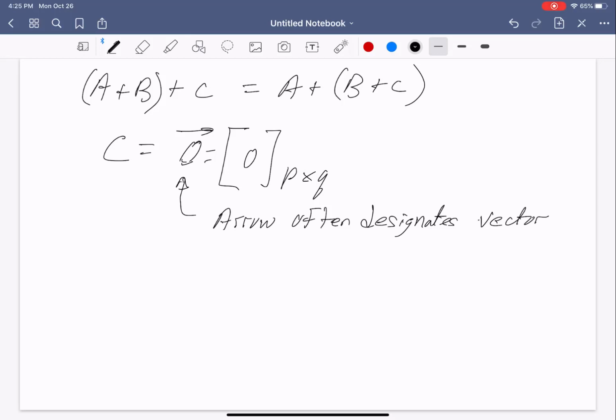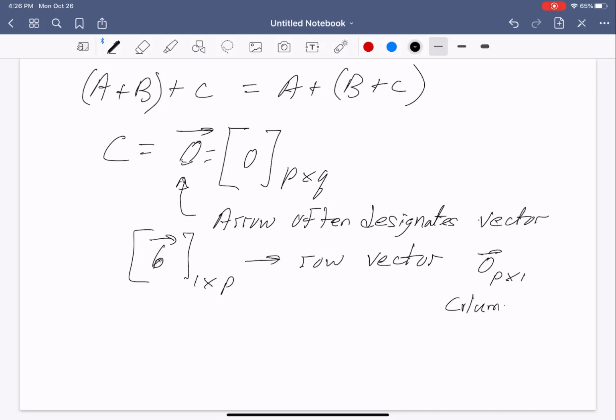So if I have a 6 with an arrow over it, then I'd have to give it dimensions of some sort. All right, and usually a vector will be 1 times p, let's say, or p by 1. If it's 1 by p, it's a row vector. So that's a row vector of 6s. And if we have 0, then we can put immediately here p by 1, which means it's a column vector.